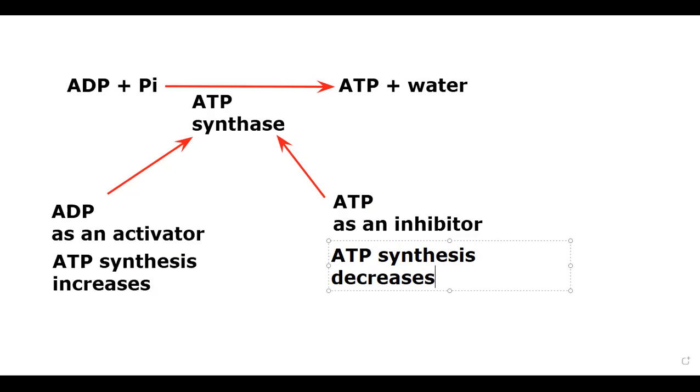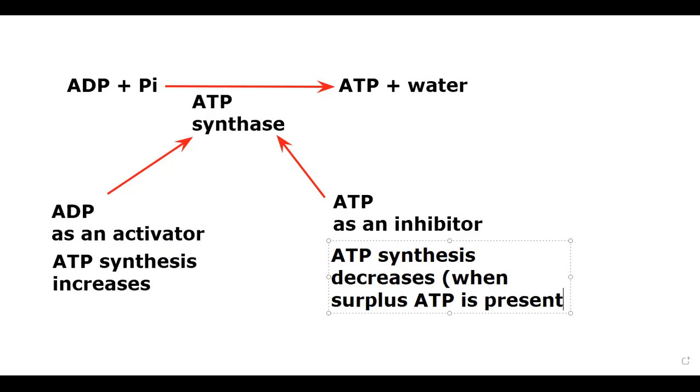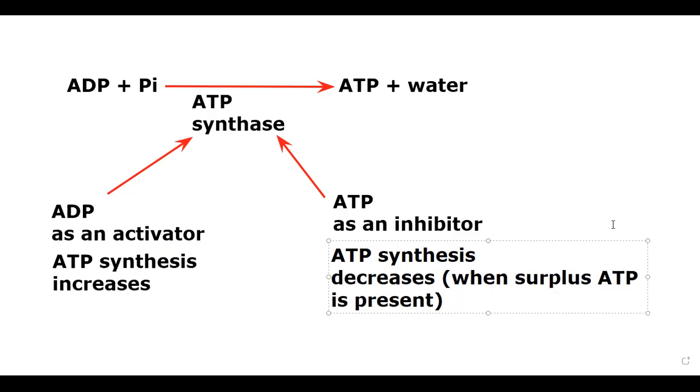It should decrease only due to one reason. This is mainly when surplus ATP is present. Normally that's happening, right? Say there is a biscuit company. If they have sufficient stock, will they produce biscuits further and further?